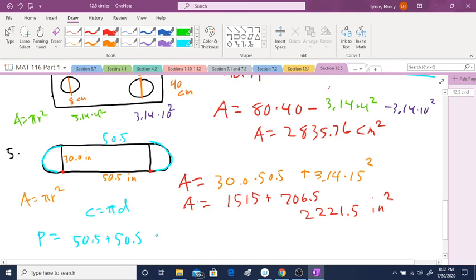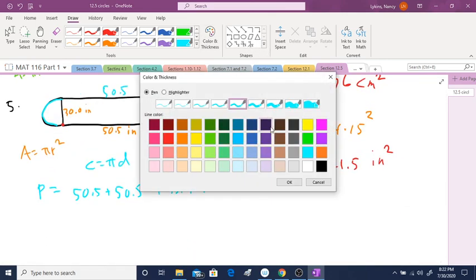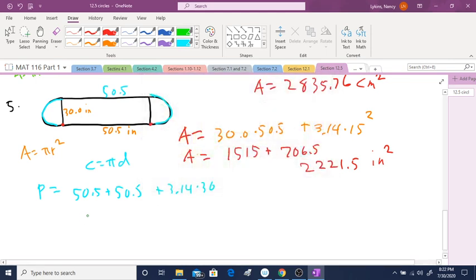So all you have to do is plus 3.14 times d. Okay, if you add 50.5 plus 50.5, you get 101.